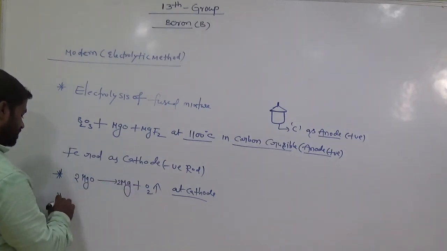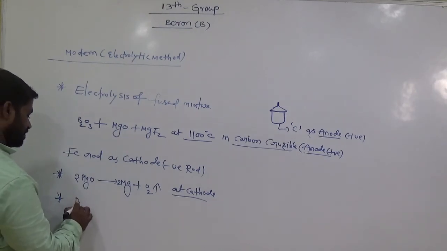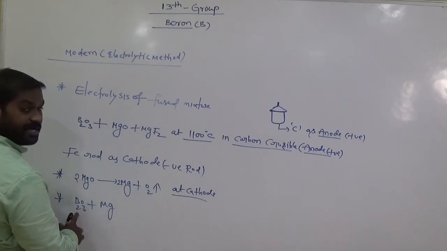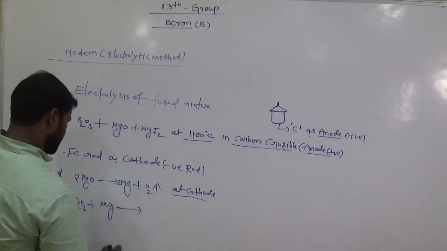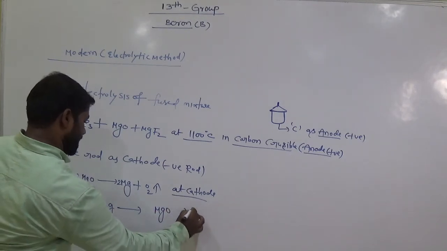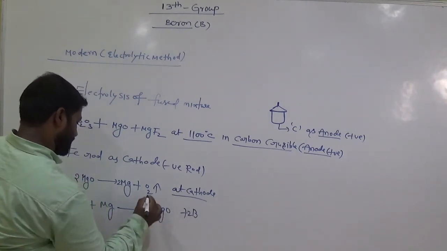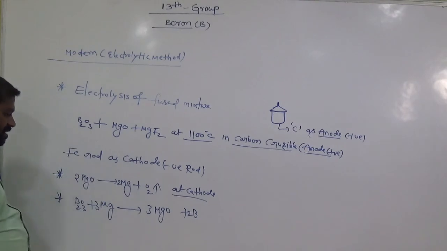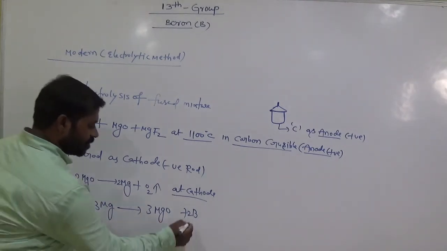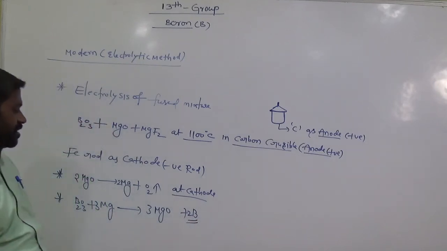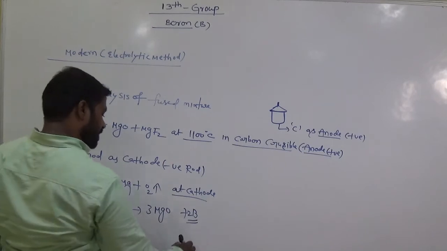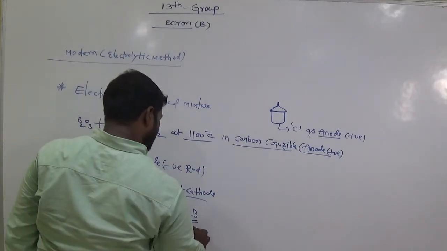Now the magnesium formed interacts with B2O3. It gives again magnesium oxide and boron. Am I right? Clear? 2 borons here we have, 3 oxygens, 3 magnesium. Boron is separated. Clear? This is amorphous boron.